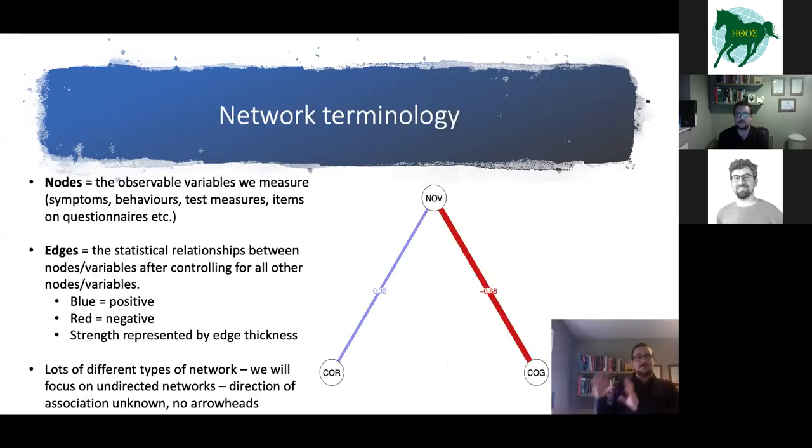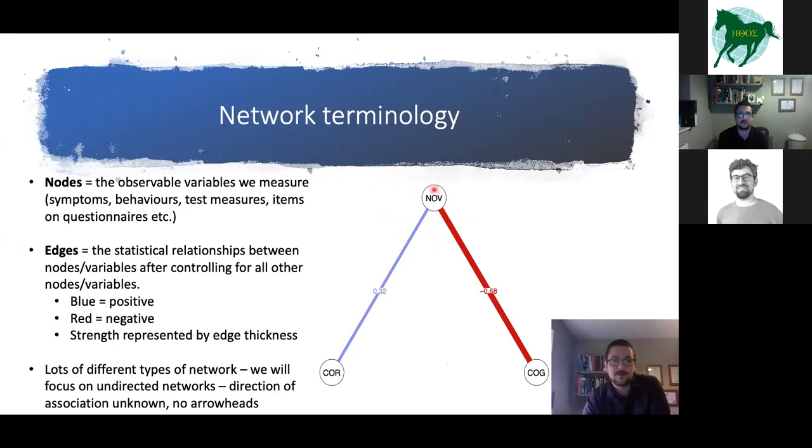Before I go on to show some graphs and talk about intervention in a bit more detail, it's probably useful to talk about some network or graph terminology. In networks, we have nodes and edges. Nodes are the observable variables that we measure.